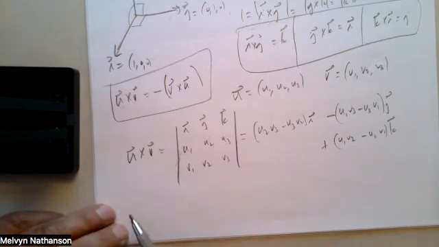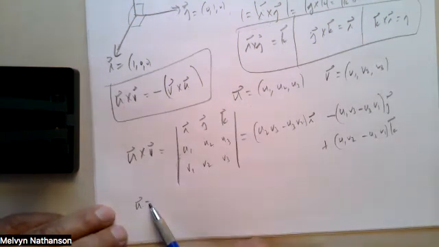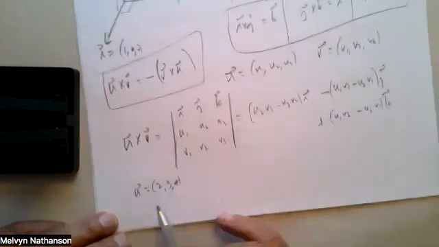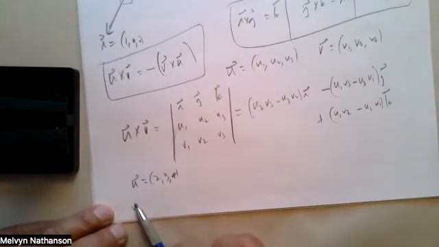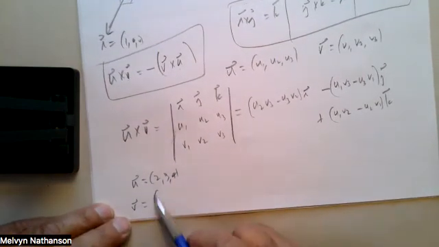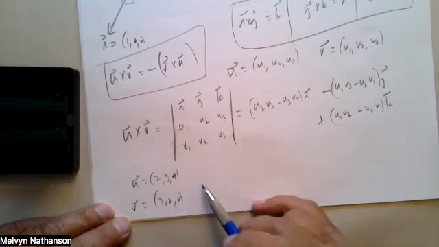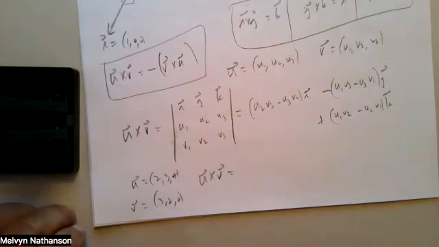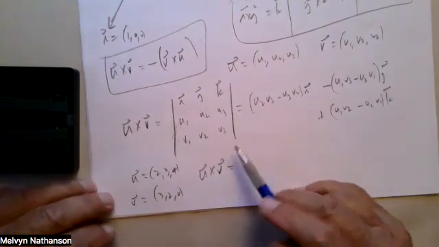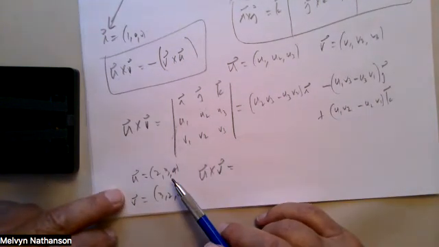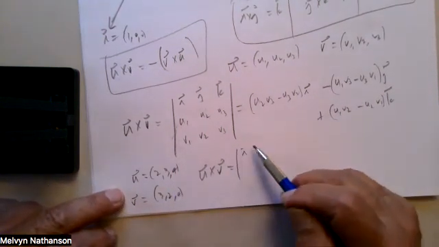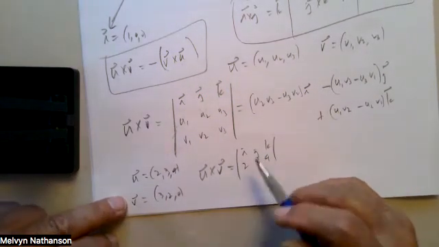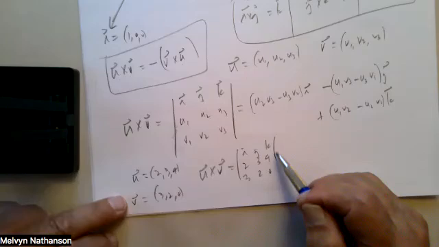So for example, if u had coordinates 2, 3, 4, and v had coordinates 3, 2, 0, u cross v is going to be equal to what vector? Let me write it, this is the easy way for me to remember it. i, j, k, 2, 3, 4, 3, 2, 0.